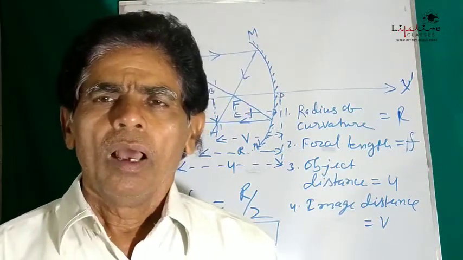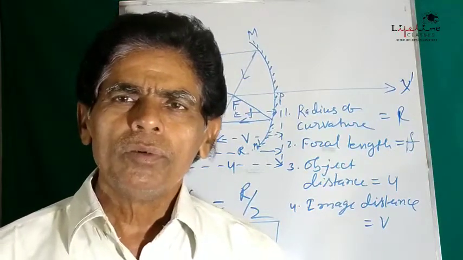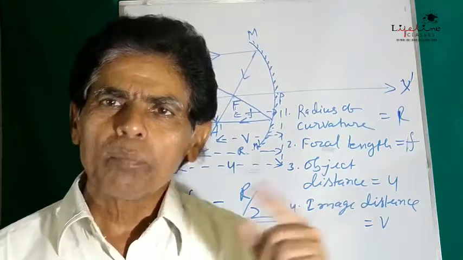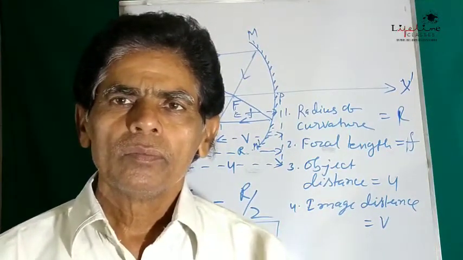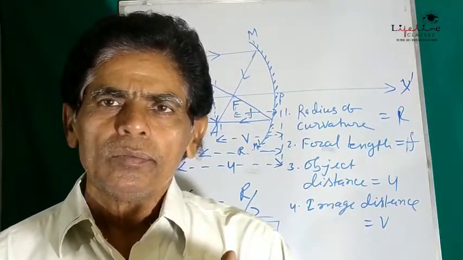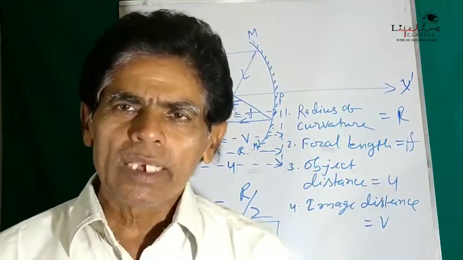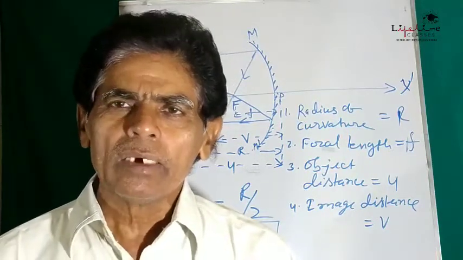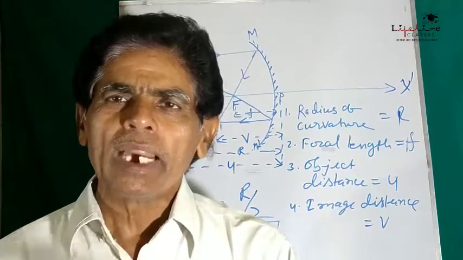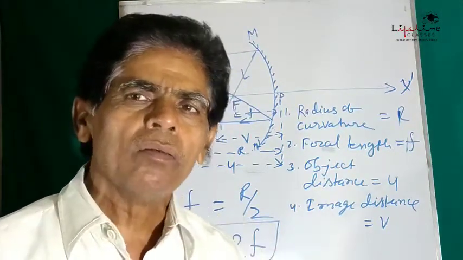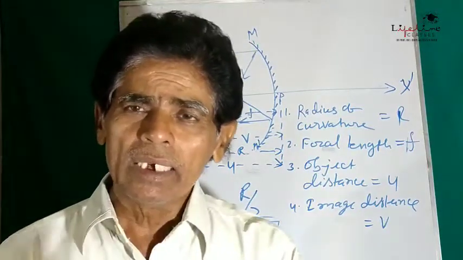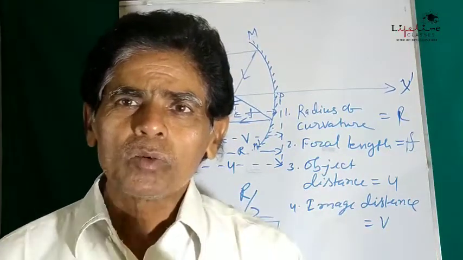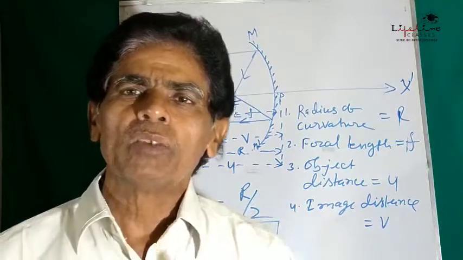See again what I have told you: when the incident ray parallel to the principal axis gets reflected from the spherical mirror, in the case of a concave mirror the reflected ray will pass through the principal focus, and in the case of a convex mirror the reflected ray appears to be emerging out of the principal focus.